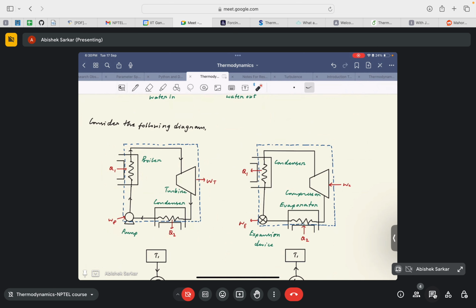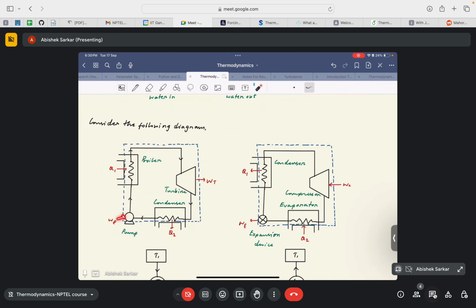Then the steam expands within the turbine and generates some work WT. Now this expanded steam is put inside a condenser where it is condensed into liquid form, and this condensation results in the release of heat Q2 from the condenser. This condensed liquid is then transferred to a water pump, which pumps the water back into the boiler again, and this cycle continues.